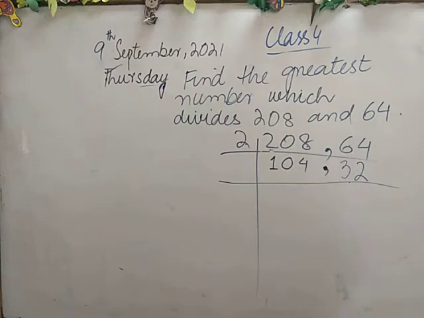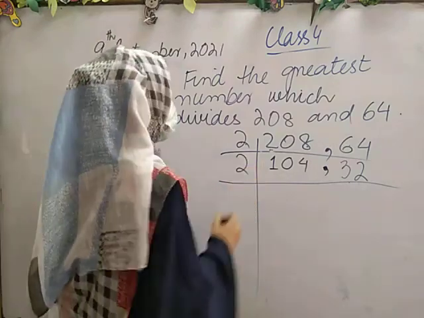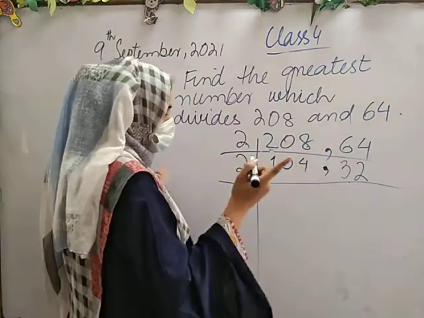If you look, class, still we have 4 at unit place and 2 is also at unit place. So what will we do now? Very good. We will simply divide again by 2 because the unit place ended with 4 and 2. Now we will apply that rule here.